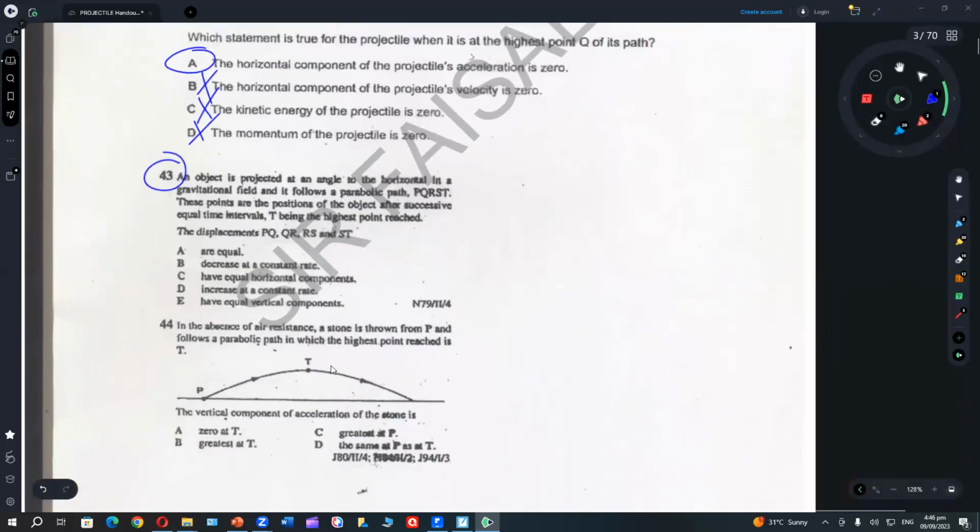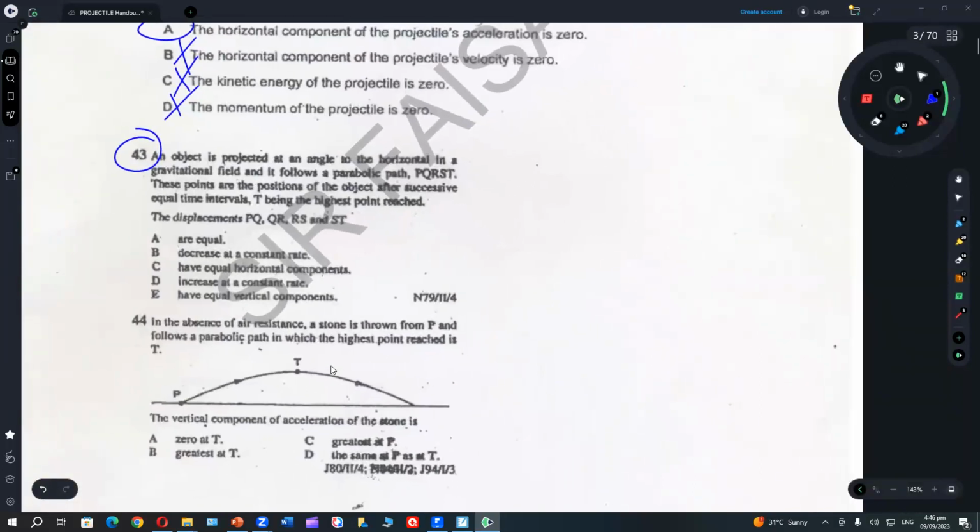Now we talk about the next question. This is also a tricky question, but it is about displacement. Read this question. An object is projected at an angle to the horizontal in a gravitational field and it follows a parabolic path.